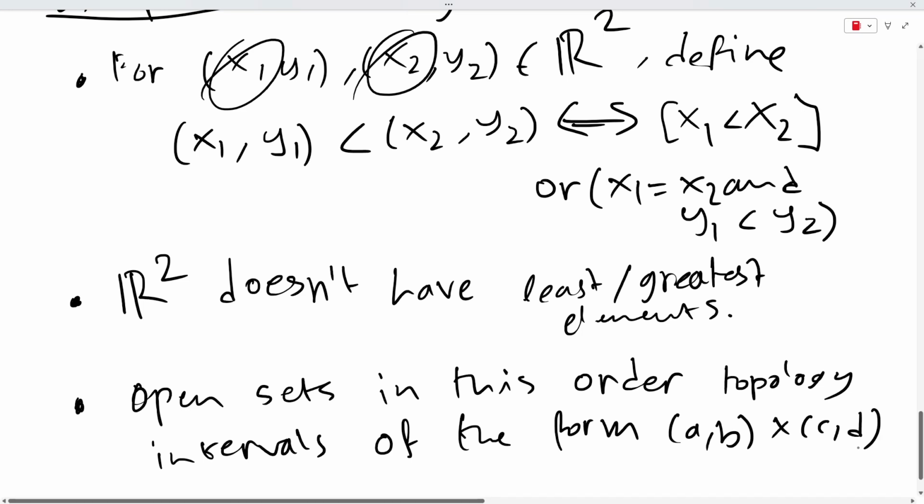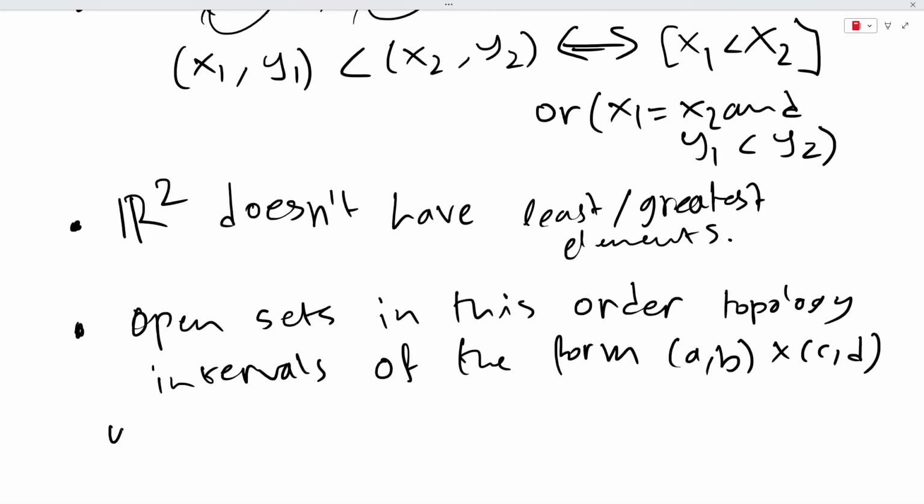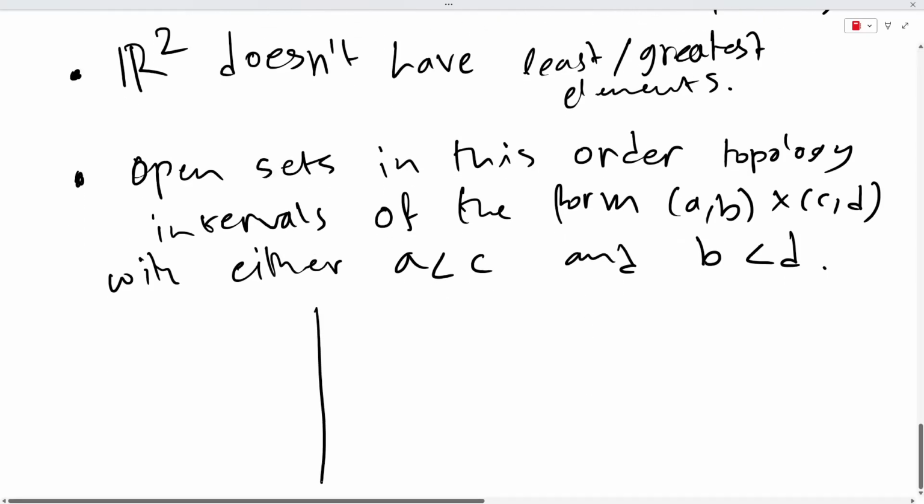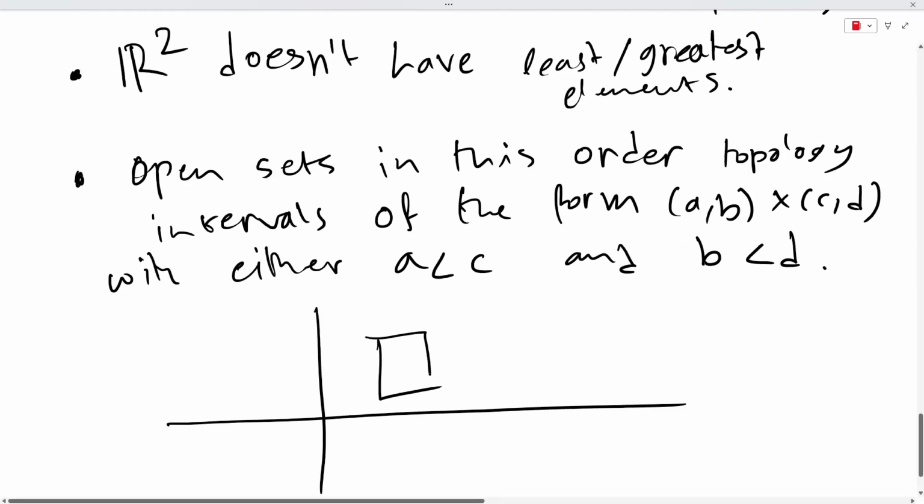So this actually forms a rectangle with A less than C and B less than D. So it's kind of like this. You have this rectangle, and this is A to B, and this is C to D. If you consider this rectangle in R², I call this the x-axis and this is the y-axis. This plane is R².